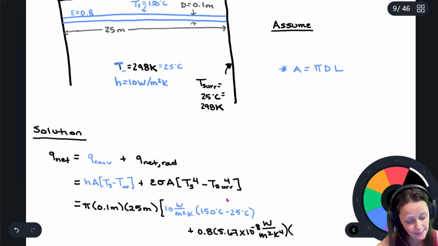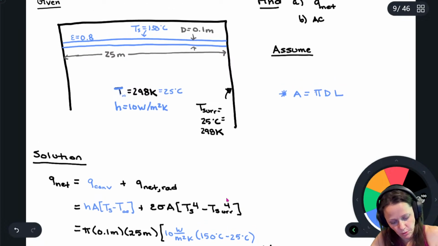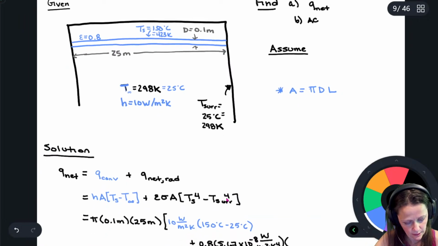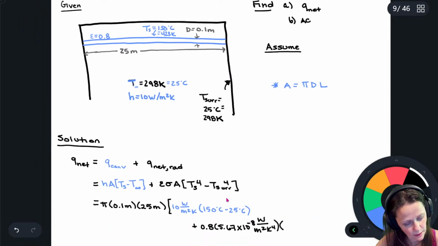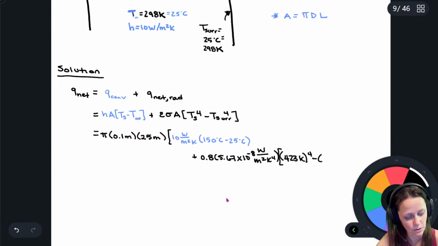times Ts. So Ts, this would be 423, wouldn't it? 423 Kelvin. All right, so this is going to be 423 Kelvin to the fourth minus 298 to the fourth.